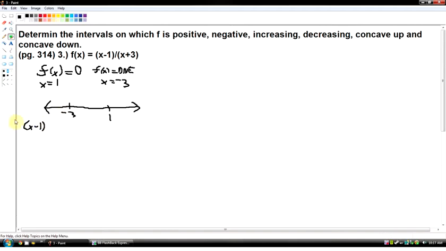Before negative 3, the numerator should be negative, and after negative 3 it should be negative still. After 1 it should be positive.